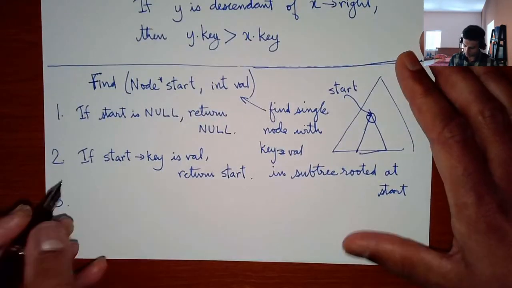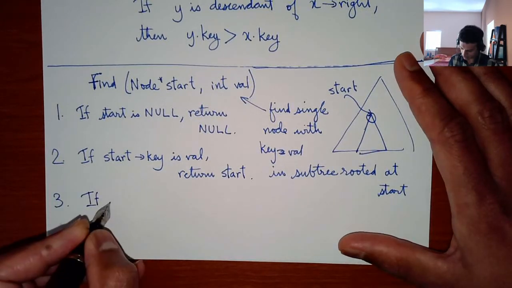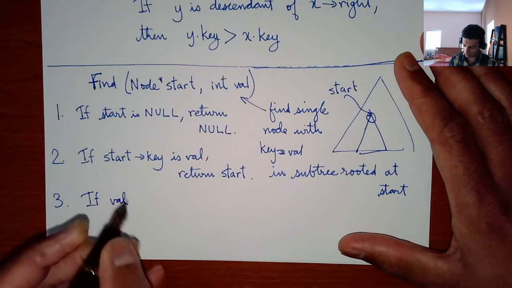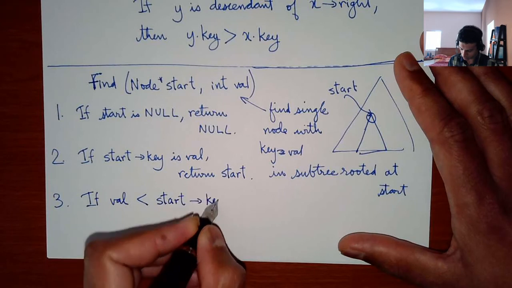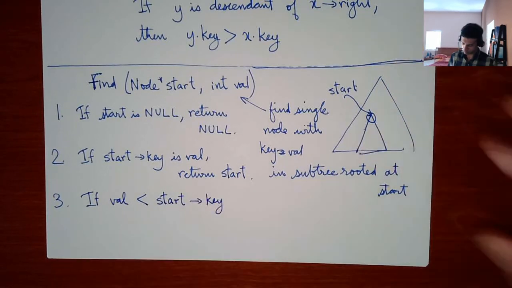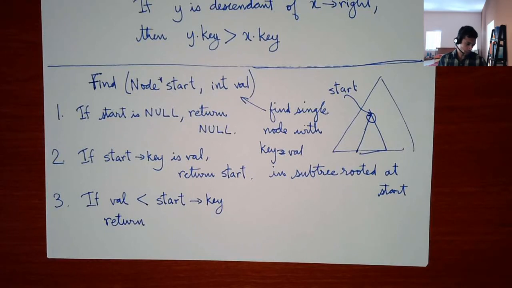Now the third part is: if val is less than start arrow key, then we're going to return something here. So if val is less than start arrow key, then what?